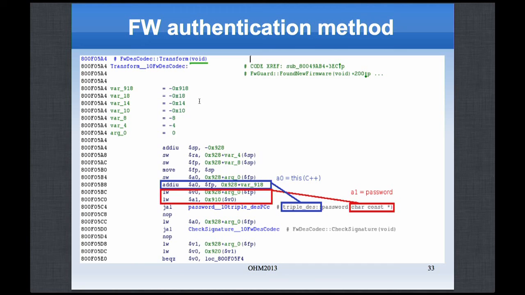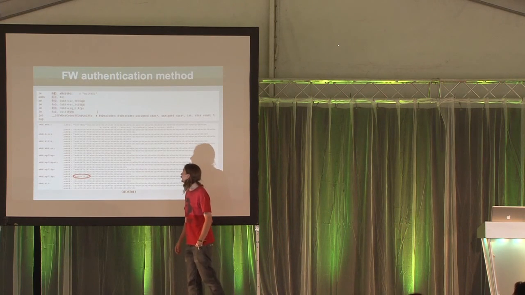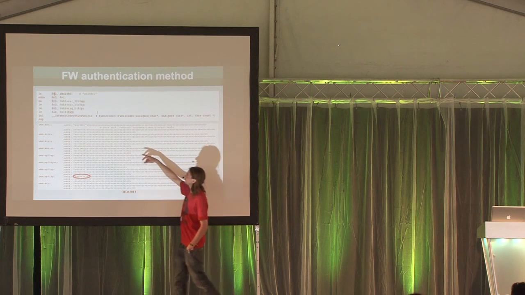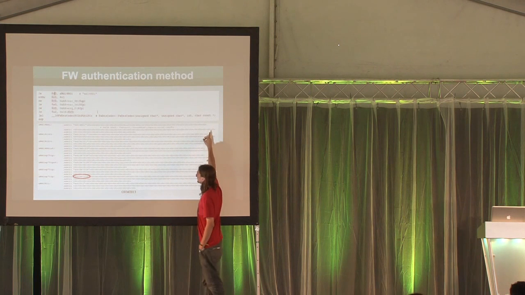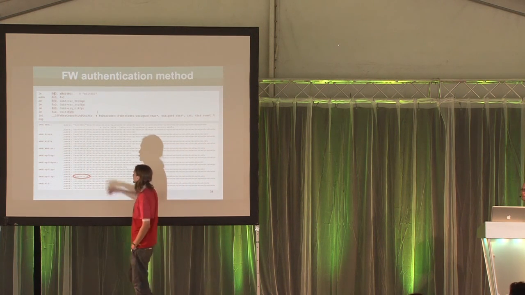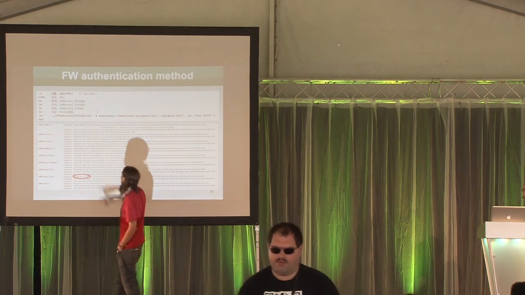If we go back in the code, we find the constructor of the FWDES codec, which takes a lot of input. So even without doing the full analysis of it, we notice that V0, the last argument actually, which is probably the key for the triple DES, is pushed on the stack, and it was in V0.